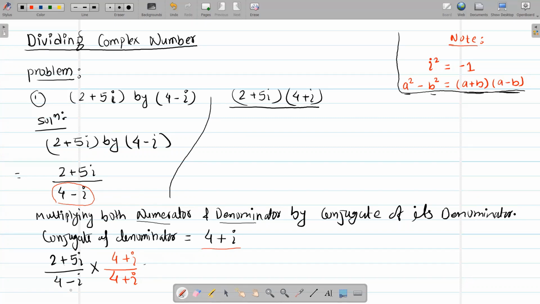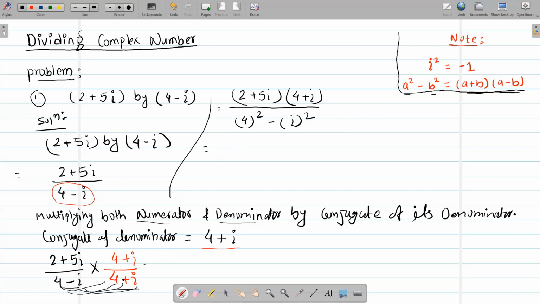So we can write a square minus b square. Our a value is 4, so we can write simply 4 square minus i square. Or you can also do the multiplication, multiplying each term, and you get the same value.